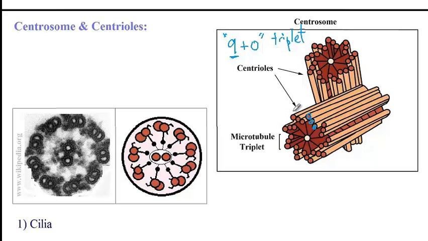Versus in microtubules that you see in cilia or flagella, they have a 9+2 pattern where there is a 9 doublets of microtubules. So here 1, 2, 3, 4, 5, 6, 7, 8, 9 doublets of microtubules, and then there is also 2 central microtubules, 1 and 2. That's why the name 9+2 pattern is given for the microtubules that you find inside the cilia and flagella.